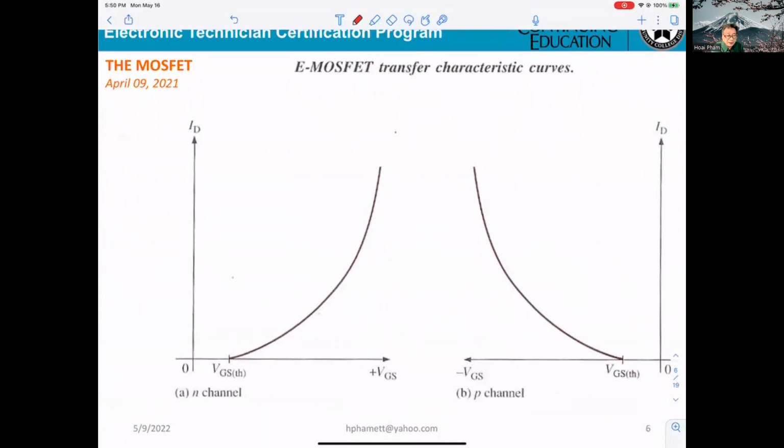So at this point in the N channel, okay, you can see there will be a positive VGS, not VGS off. And that's for the P channel, okay? That is quite different.